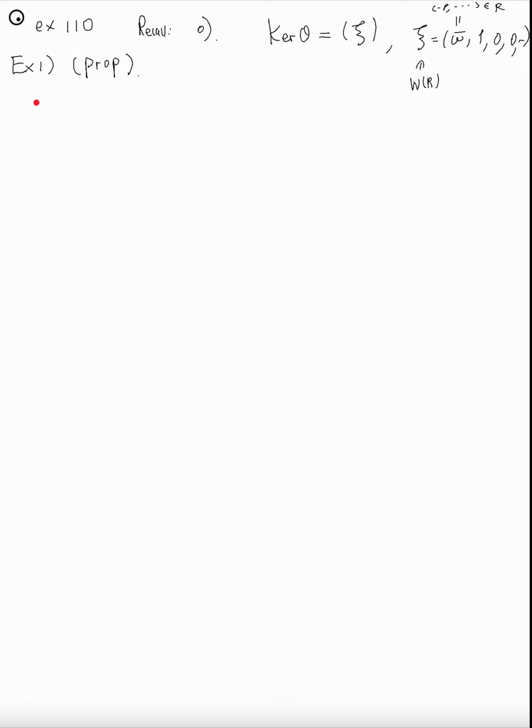So exercise 1: the intersection of the powers of the ideal is 0. In some sense, this is separated for the kernel of theta topology.